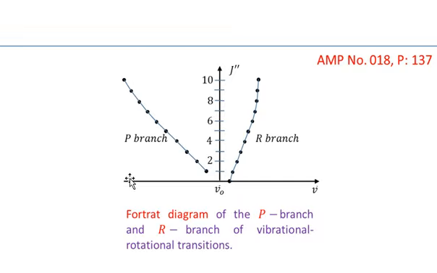So for a diatomic molecule, we have only the P branch and the R branch, and their frequencies, or the wave number, which we are plotting on the horizontal axis. You can see how these wave numbers would change with the transitions in the R branch, and similarly with the P branch, different transitions are occurring and how their wave number or frequency would change.